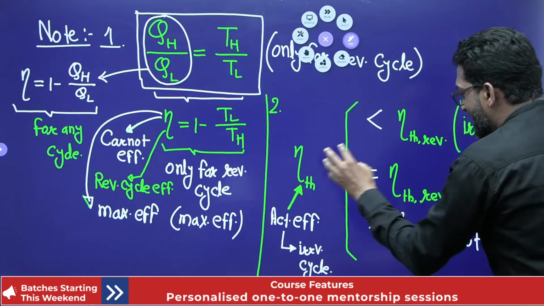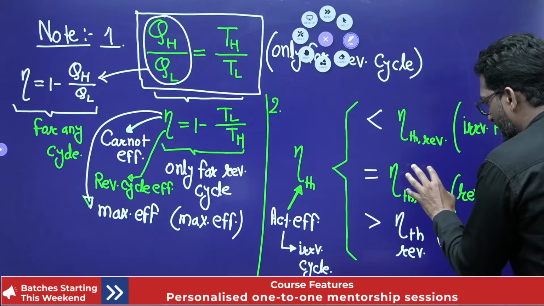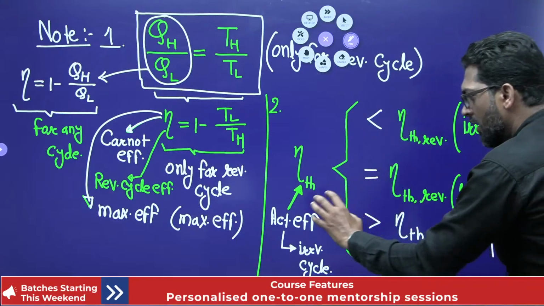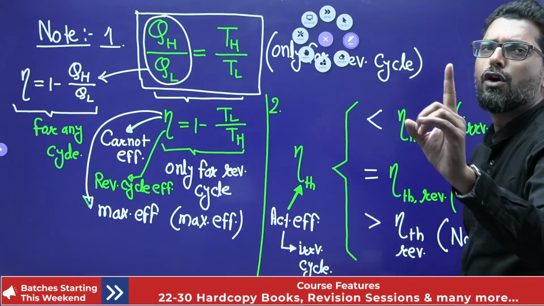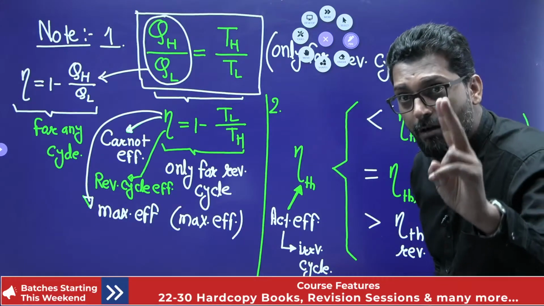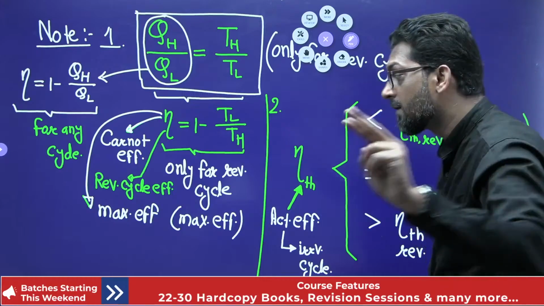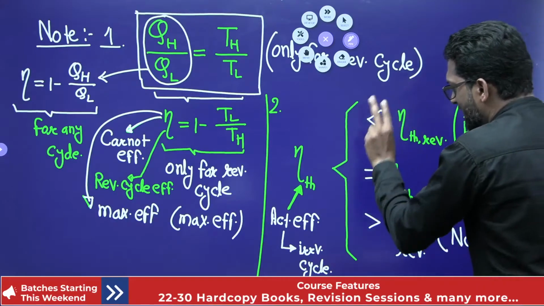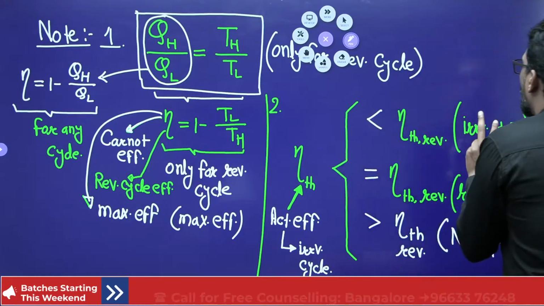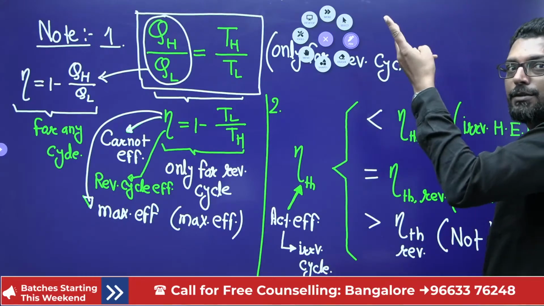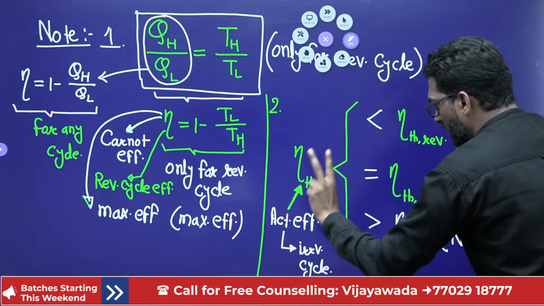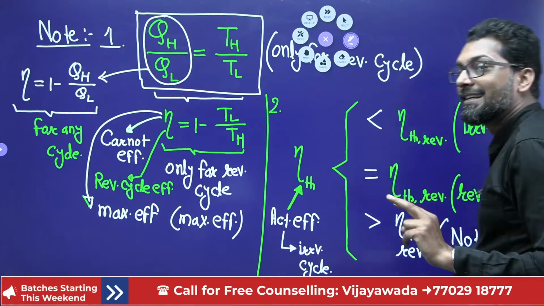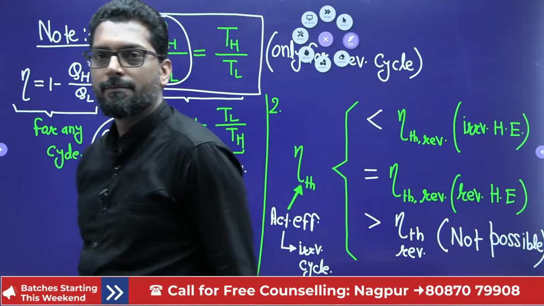If equal to the reversible, also possible. If greater than the reversible efficiency, not possible. In the possible condition, there are two cases. If the reversible efficiency is greater than the actual efficiency, that cycle is irreversible. If the efficiency is equal to the reversible efficiency, that cycle is reversible.